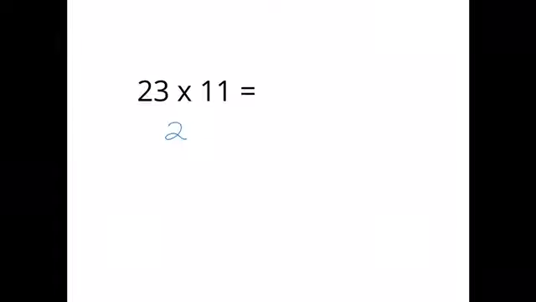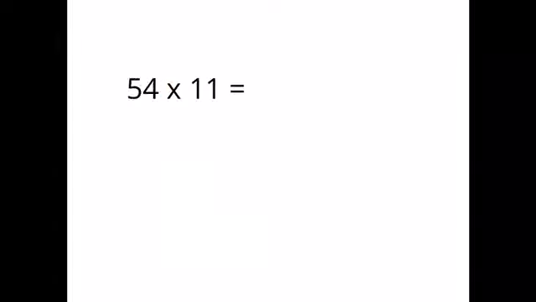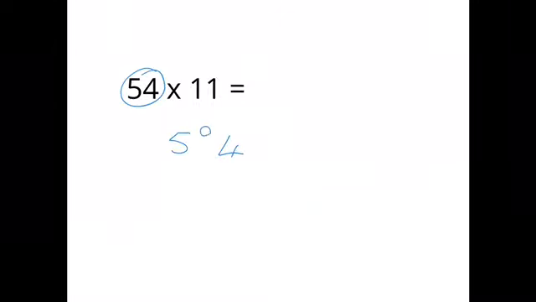You take the 2 and the 3 of 23, split it, and 2 and 3 give you 5, and you stick it in the middle and check it with a calculator. You'll see the exact answer. A few more examples. So I'm going to split 54 into 5 and 4. I'm going to add 5 and 4 and I'm going to get 9. 54 times 11 is 594.